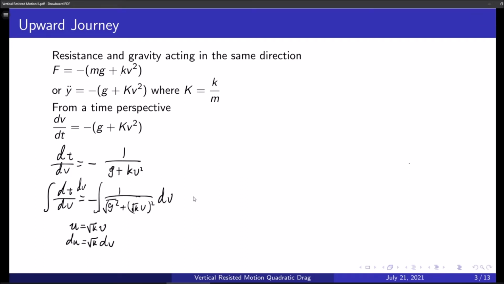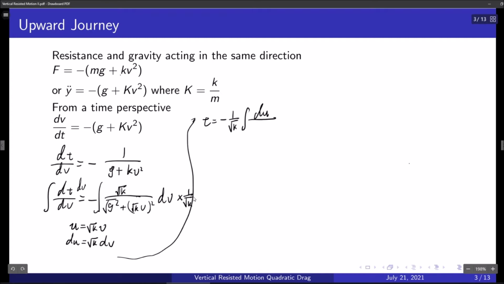To be able to do that substitution, we have to convert this into a k, and then multiply everything by 1 over k. So what we do now is the substitution, so everything should look like t equals negative 1 over square root of k, integrating du over g squared plus u squared.